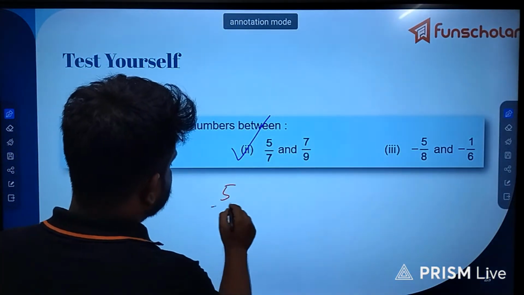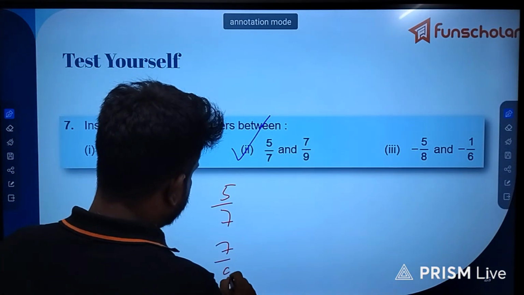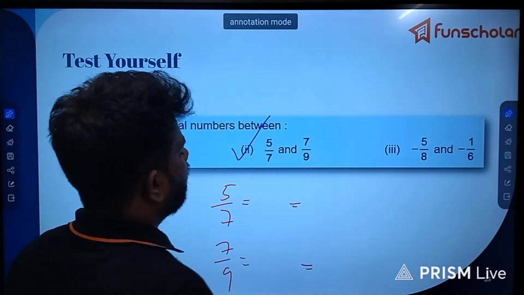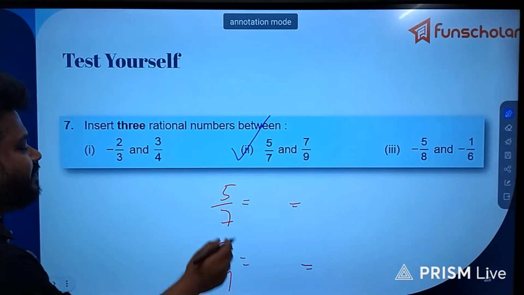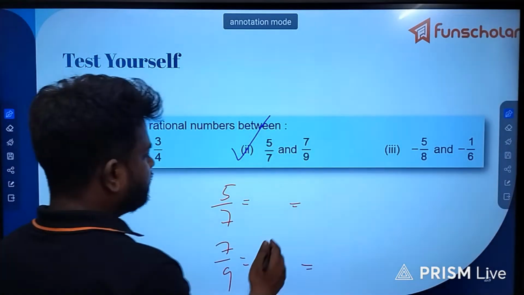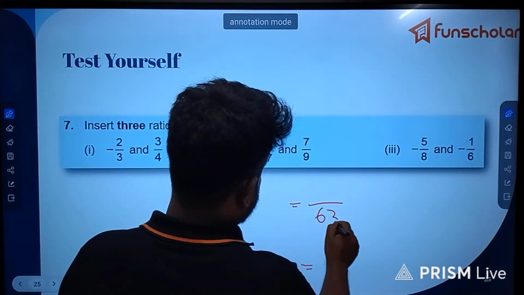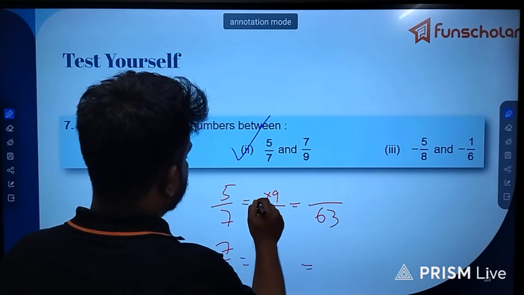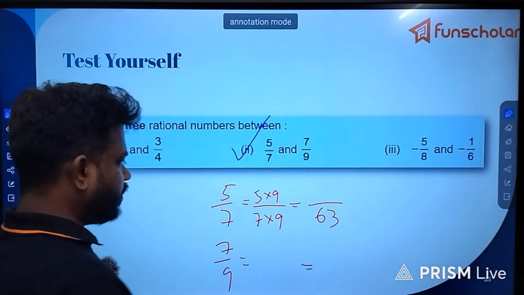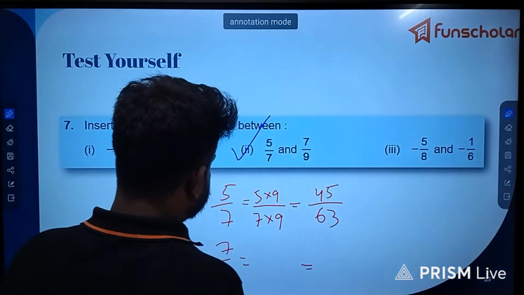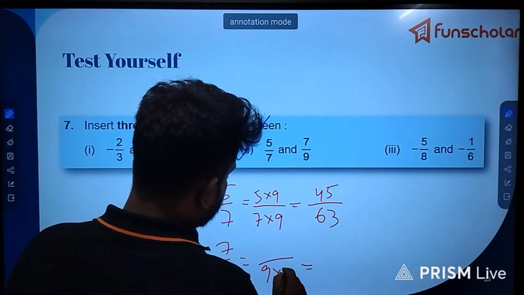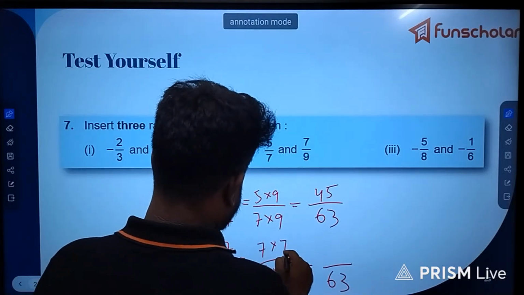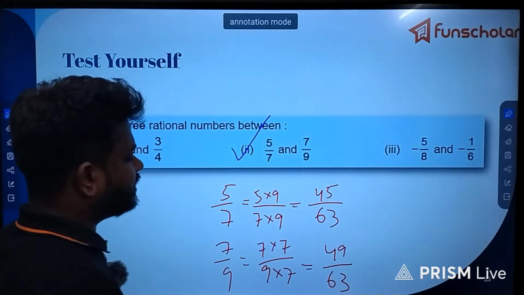So for 5 by 7 and 7 by 9, for the same cases we have to make sure the denominators are the same. So the LCM of 7 and 9 is 63. To make 7 into 63, we have to multiply by 9 in the denominator and in the numerator as well. So it will be 45 by 63, and 49 by 63.